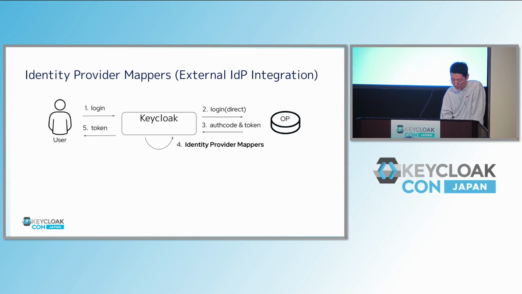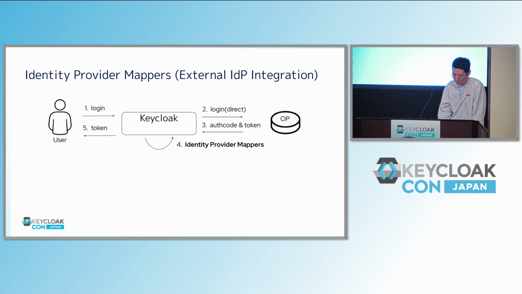For example, you can map preferred_username from the OP to username in Keycloak, or convert a group claim into a role assigned within Keycloak. This mapping process updates that user's information stored in Keycloak accordingly.